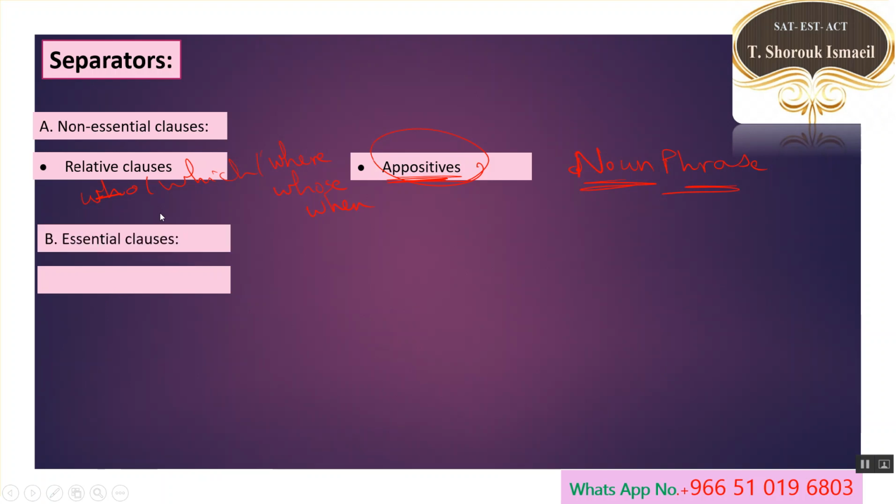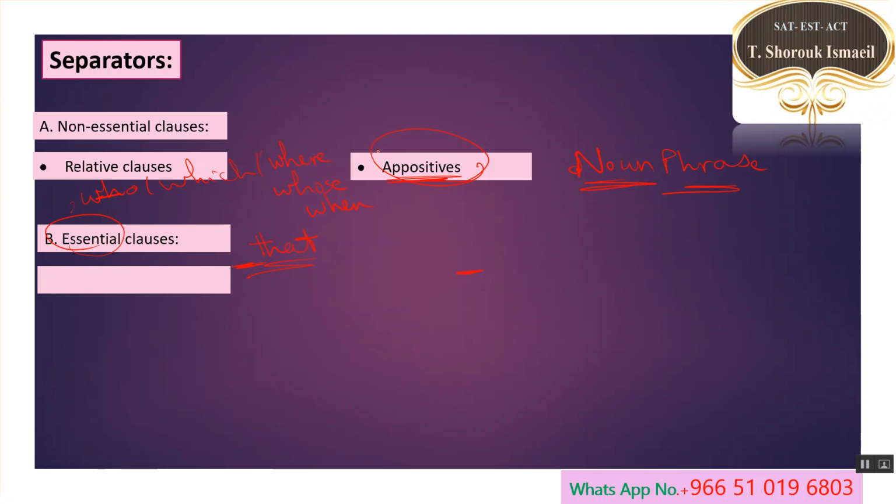Also, you can find essential clauses as separators. The essential clauses are separators that start with that. And these are not separated by commas. In the relative clauses, they were separated by commas, a comma before and a comma after.